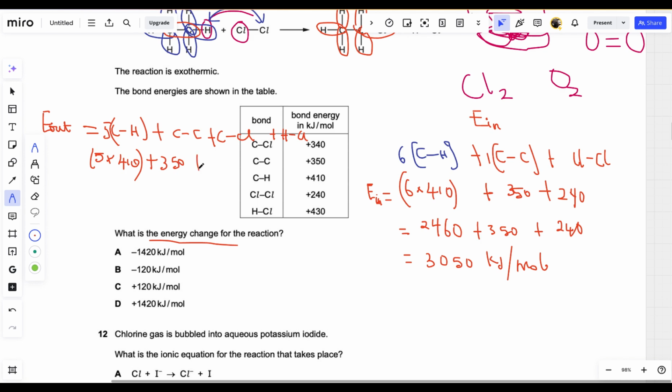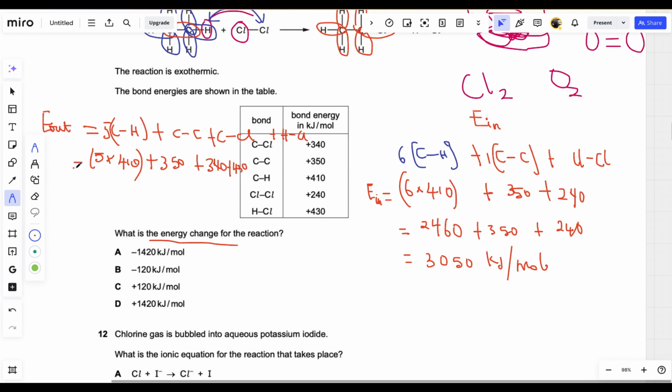Then plus carbon to chlorine, which is 340, plus 340, plus 340. Then hydrogen to chlorine is 430, plus 430, plus 430. So now let's find the total energy out.